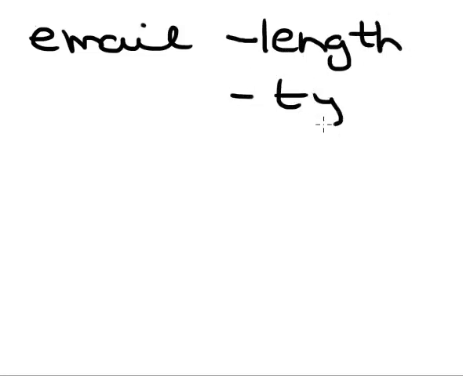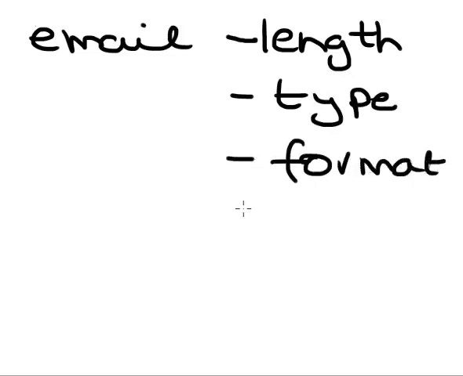So if you are asked to write an email in an exam, you look at the length of the email, you look at the type of the email, and you decide on which aspects of format and style you need to know.